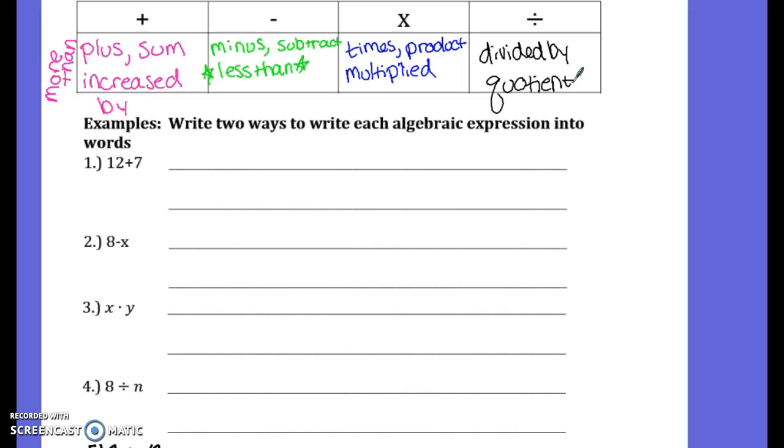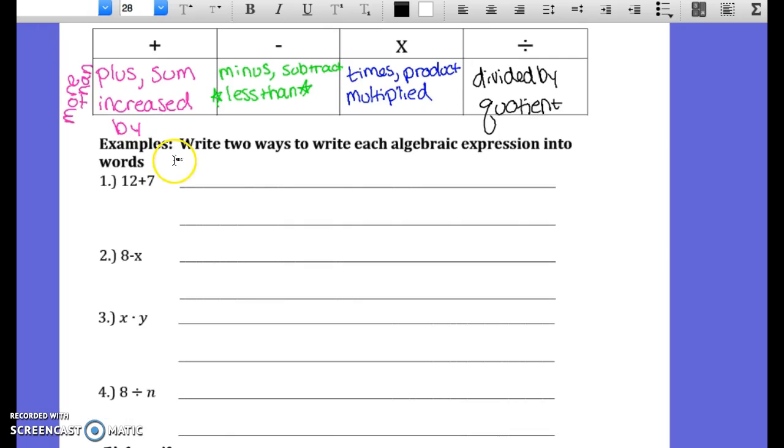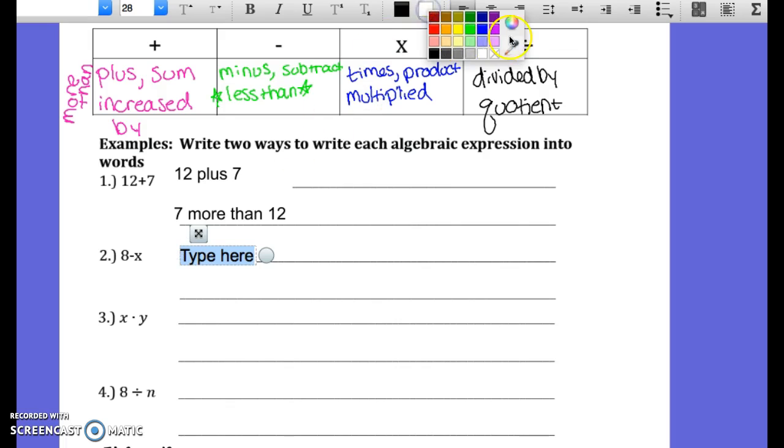Okay, so we're going to write these algebraic expressions into words. So when I see this, maybe I would write 12 plus 7. Another one might be 7 more than 12. For number 2, I'm going to go ahead and use the less than.